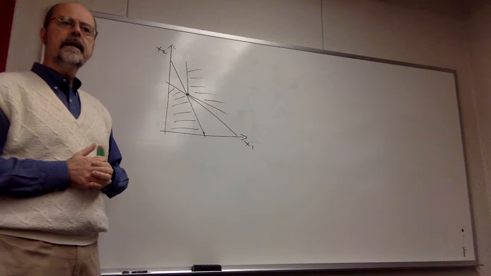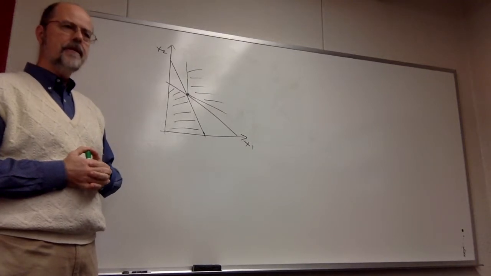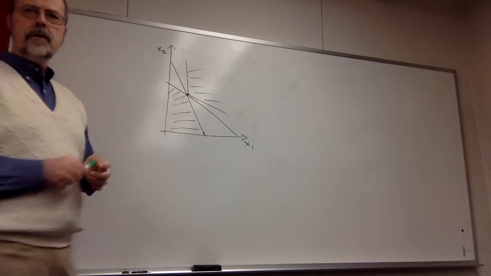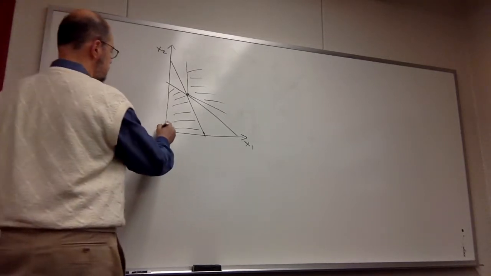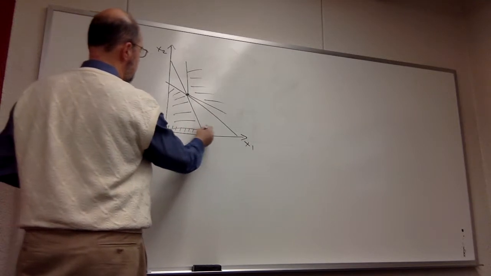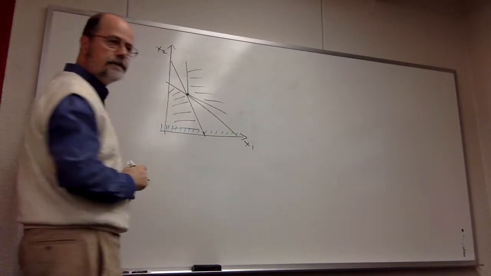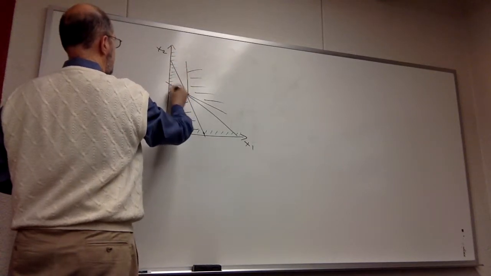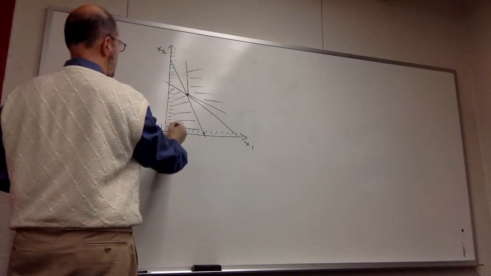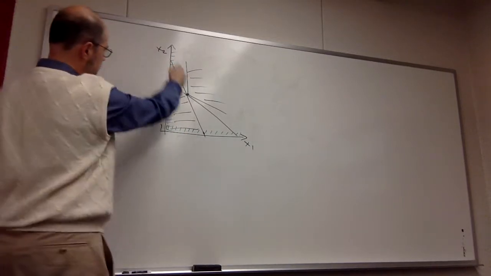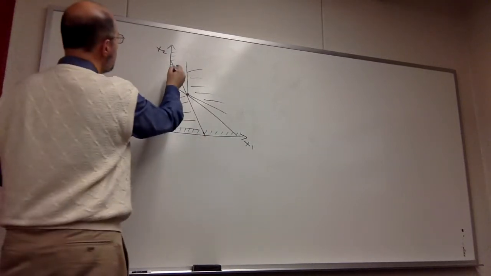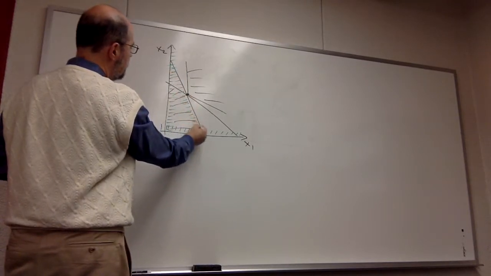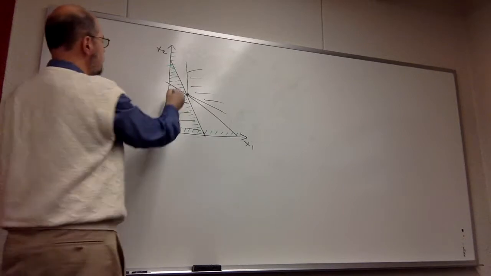Four? Well, non-negativity is in the picture, even though I did not, until now, mention it by name. So one constraint is x2 is non-negative. The other is that x1 is non-negative. Then, this constraint has to be satisfied. And then that one.